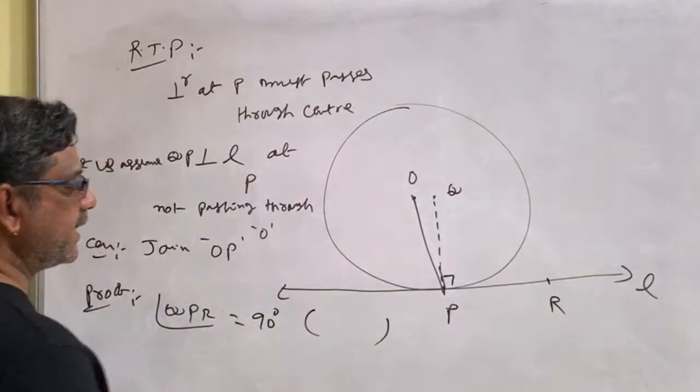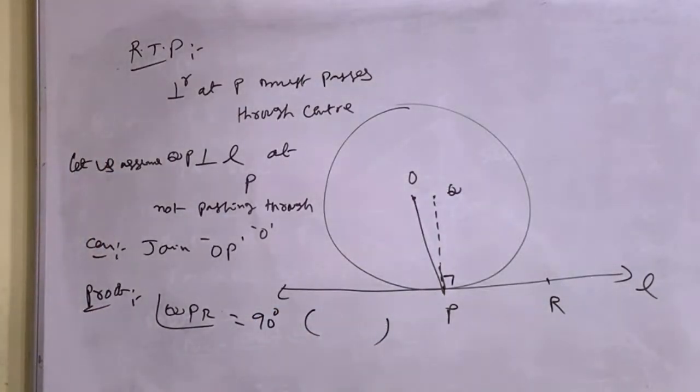I think you know the reason. It is given. QP is perpendicular to L at P, drawn from P. It is given. QP is perpendicular to L at P. So angle QPR is 90 degrees.